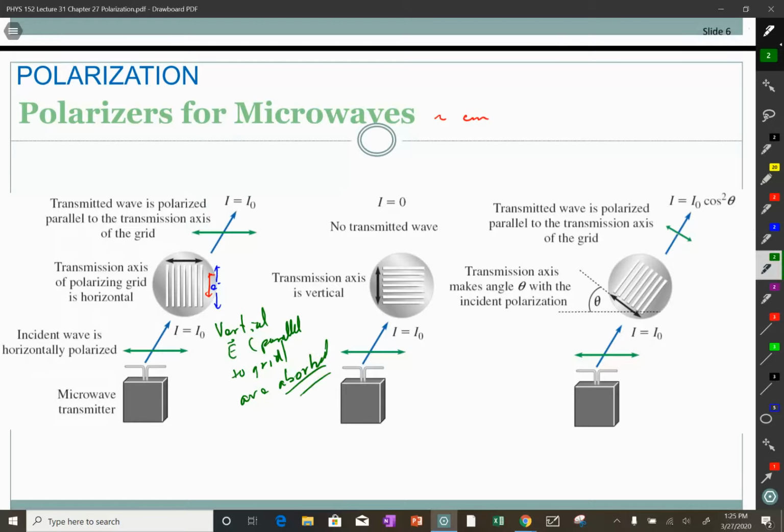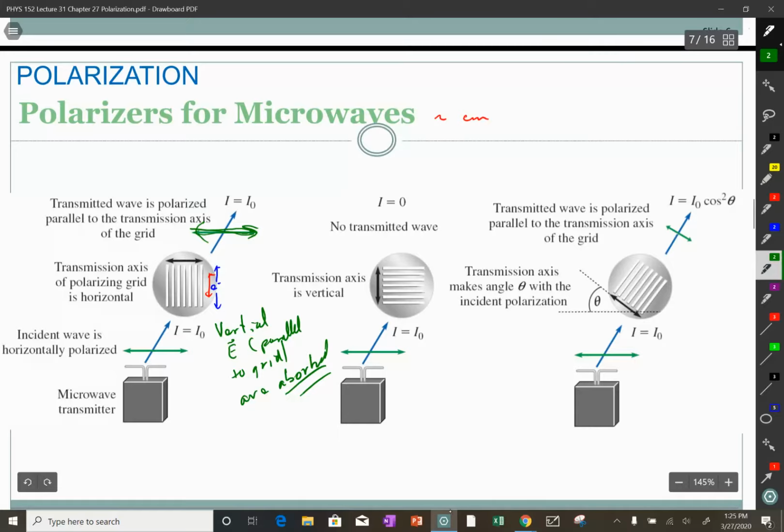But if you have a horizontal electric field, because there's no place for the electrons to move horizontally fundamentally, you have virtually none of the horizontal light or microwaves absorbed. So this is a polarizer that is horizontal. It allows horizontal through and absorbs the vertical. So in our example, if we take that and we rotate it by 90 degrees, then it's going to absorb all of the microwaves we produce.